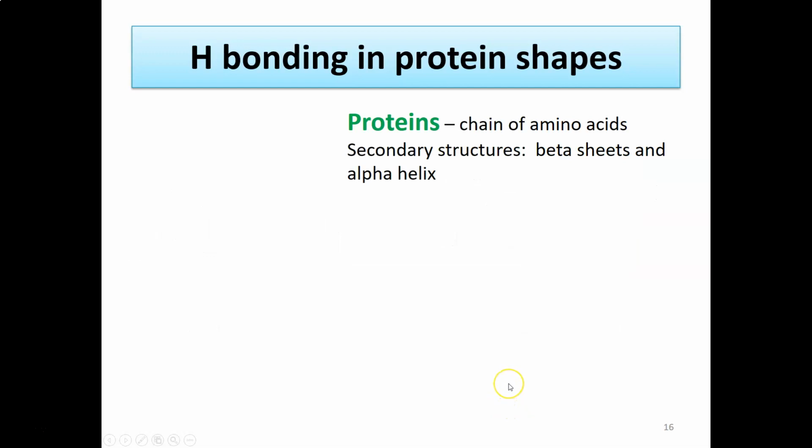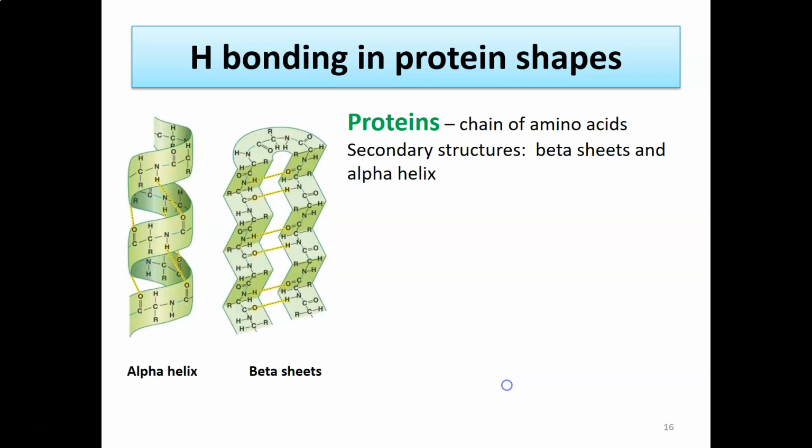Proteins are another example of this. You probably learned that there's different folding patterns to proteins. We can have the alpha helix, kind of like our DNA, but you can also get beta sheets.